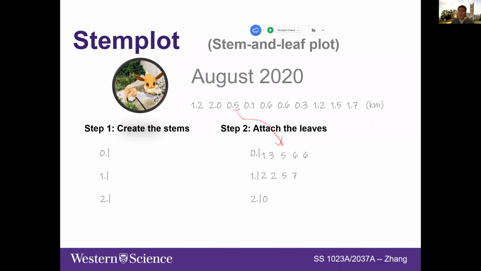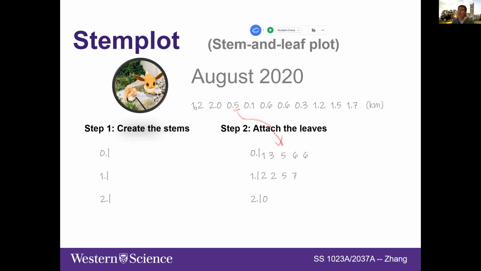There's a question regarding how to pick the leaf numbers. Actually, another question is, how do you pick the stems? I guess this is an even harder question. There's no definite way to pick your stem. There are a lot of ways you can pick your stem, but in our case we only have one way.